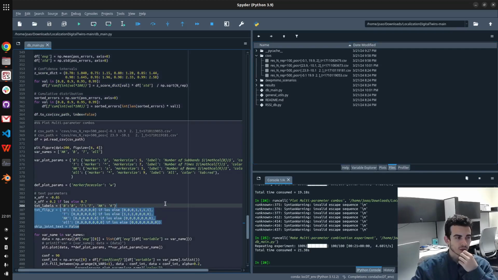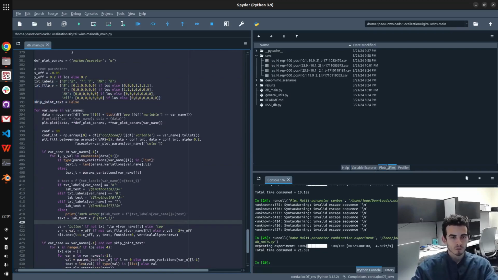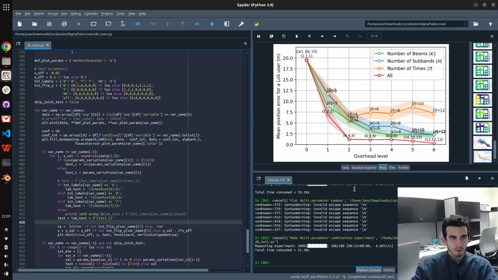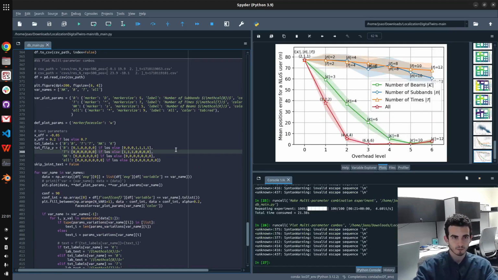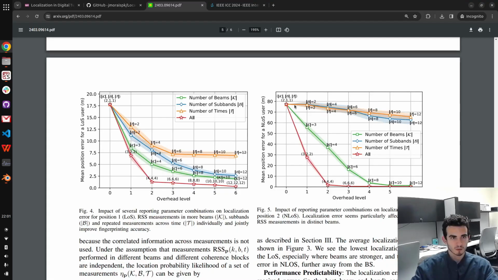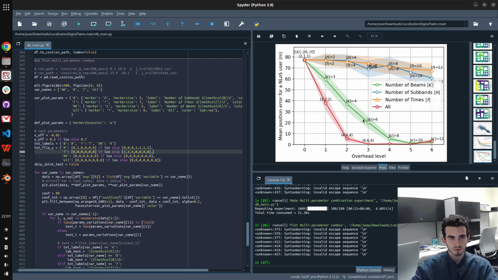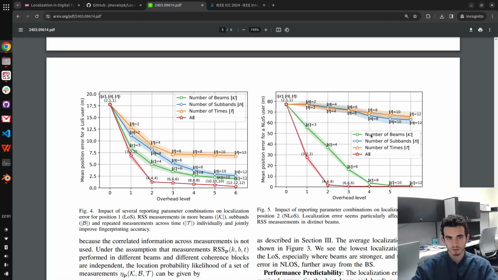Most of these parameters are for visualization purposes. We didn't plot yet. Let me plot it. So as you can see, essentially it's the same thing.